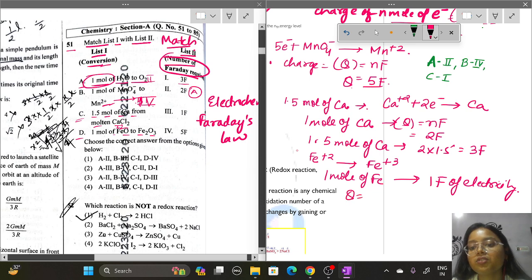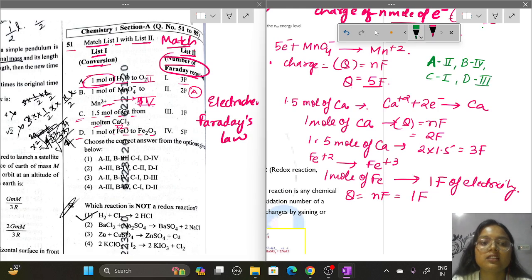So Q will be nF, which is 1F. So for option D, the answer is 3. Which is the correct option? A is 2, B is 4, C is 1 and D is 3. So option number 3 will be the correct answer in this case.